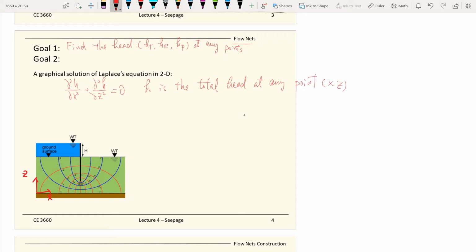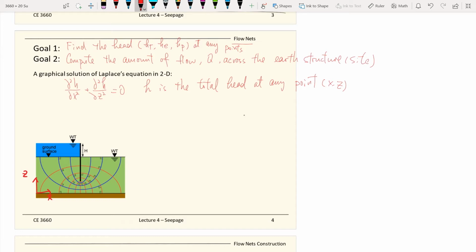The second goal is to compute the amount of flow. We talk about how to do that. So compute the amount of flow across the earth structure, or the soil site.